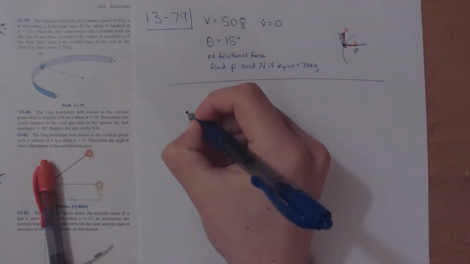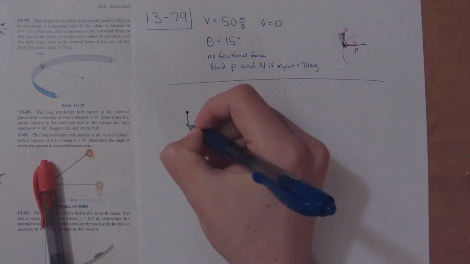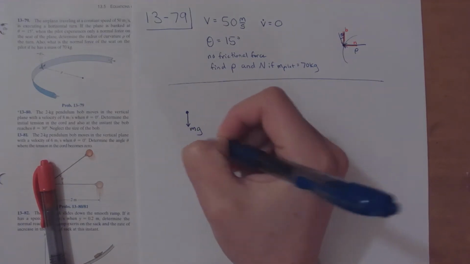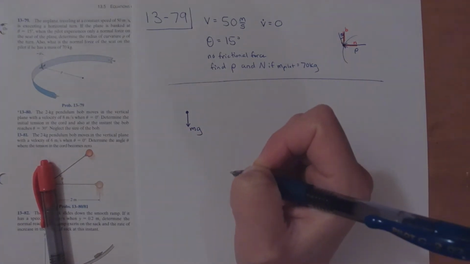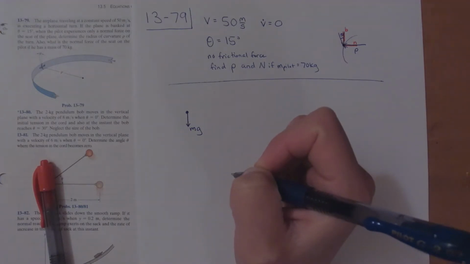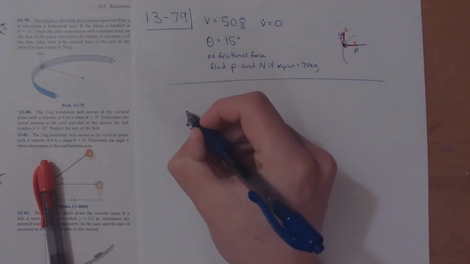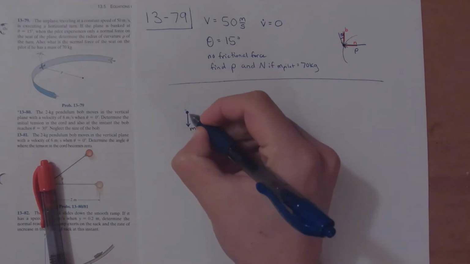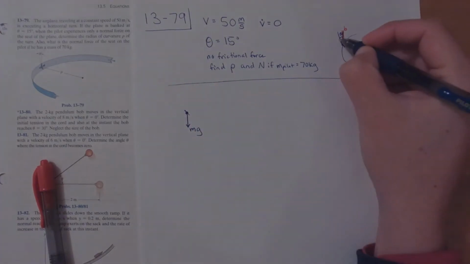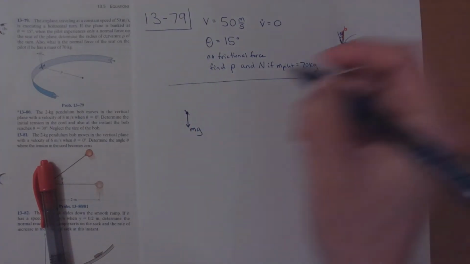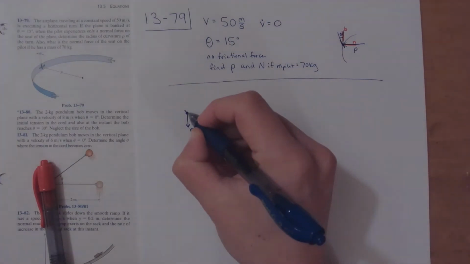So we're going to draw a free body diagram. We have the force of gravity pointing straight downward. The normal force is perpendicular to the surface of contact because the plane is tilted at an angle of 15 degrees. The seat of the plane would be like this, at an angle like this, where this is 15 degrees. So the normal force is perpendicular to that.